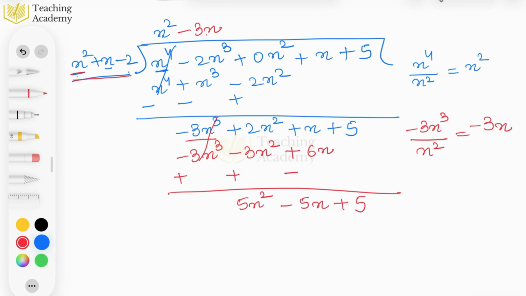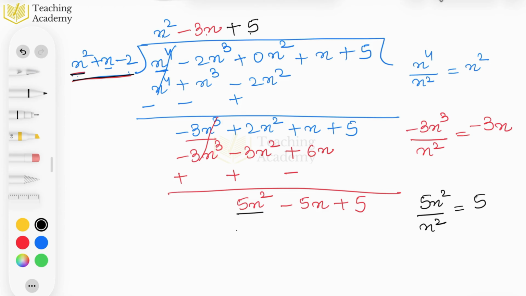Now take the third step, this and this. So it is giving you 5x square divided by x square. So this is giving you 5. So add a 5 here, like this. Now multiply this 5 with all of these terms again.